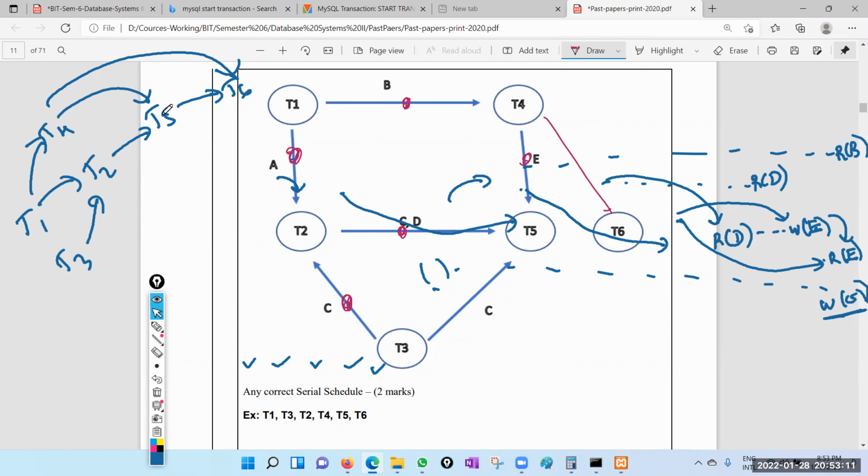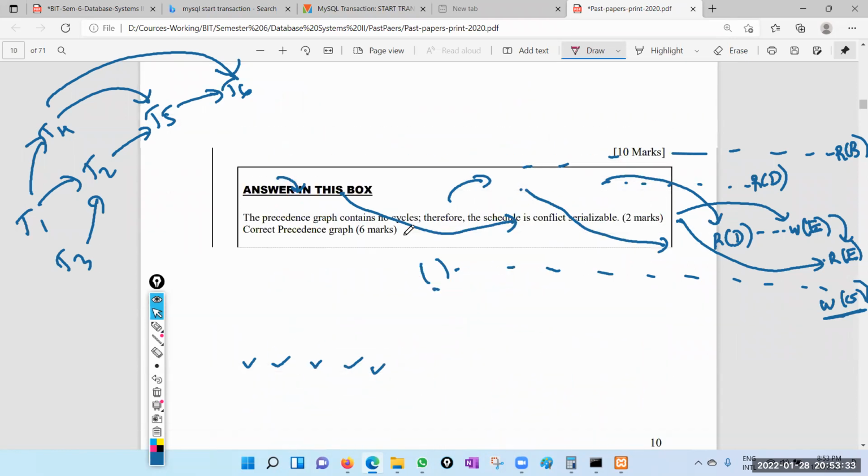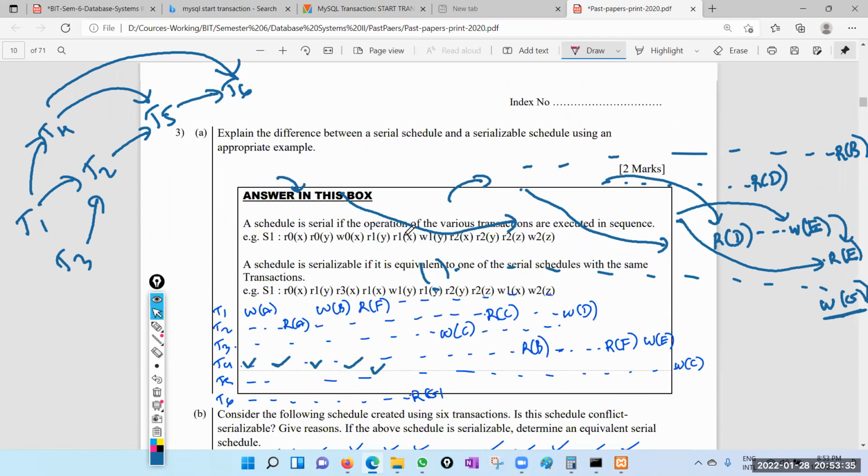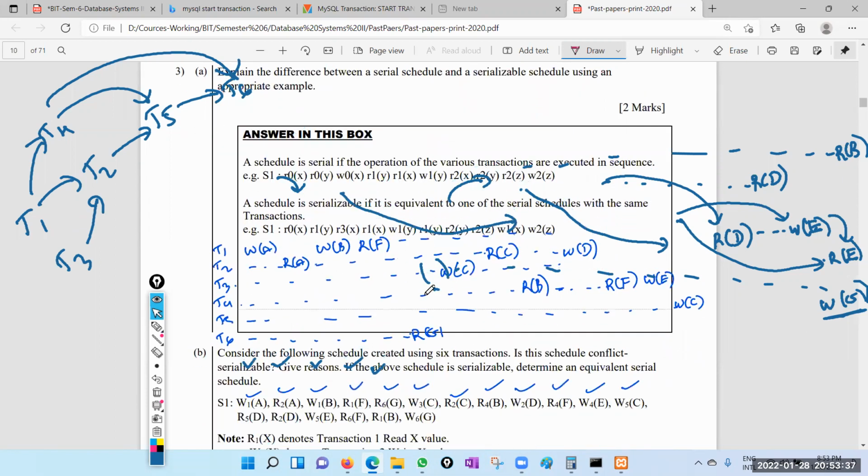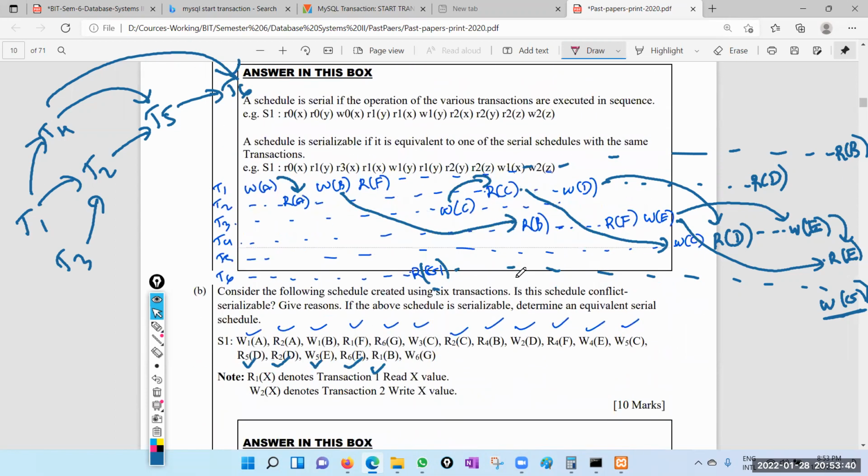T5 to T6. T3 to T5 එකක් තියෙනවද කියලා බලමු.